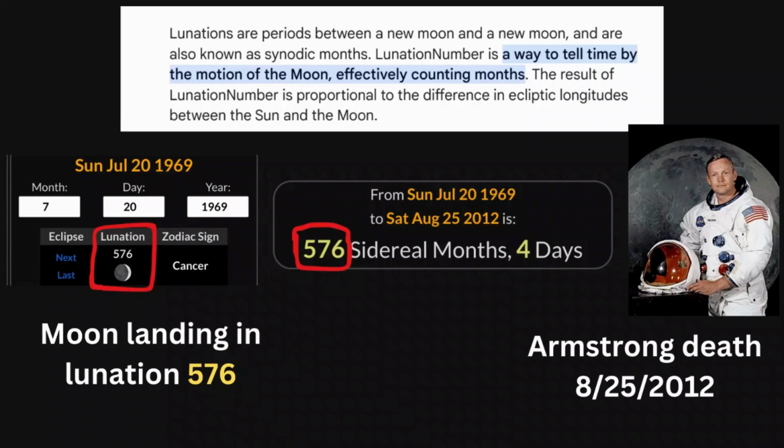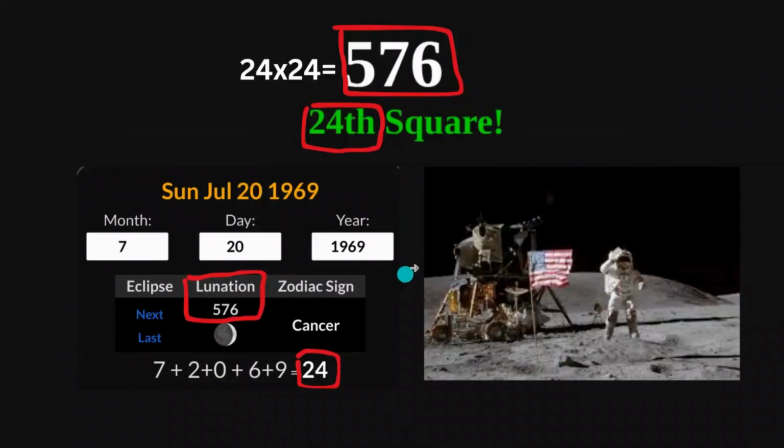And there's way more to this number than meets the eye, because let me show you. This number 576 is not just a normal number because 24 times 24 gets you 576. So it's a square number, 24 squared. Okay? And again, I told you it happened in lunation 576, but the moon landing also happened on July 20th, 69.